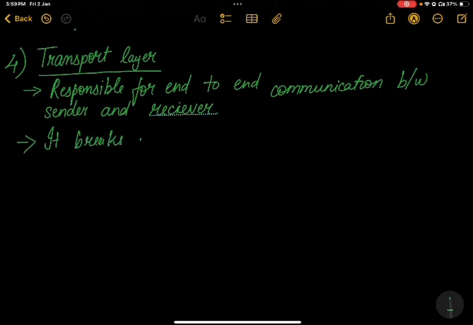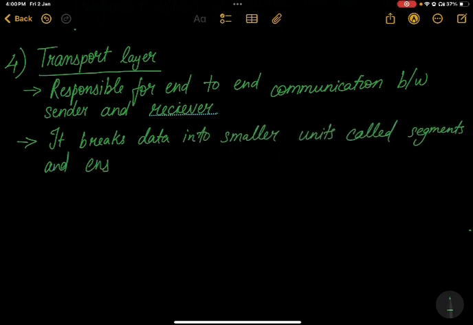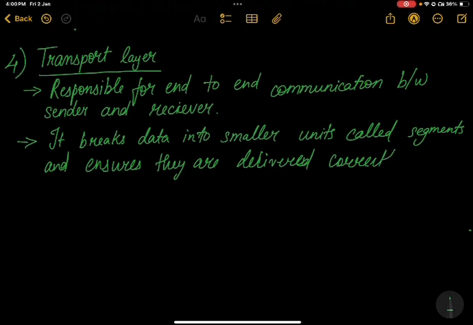It breaks data into smaller units called segments and ensures they are delivered correctly.